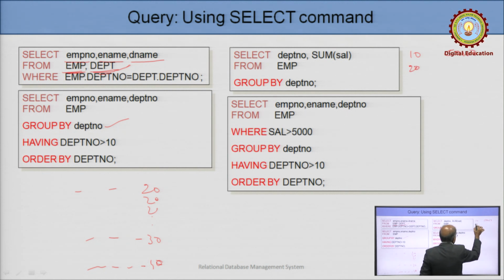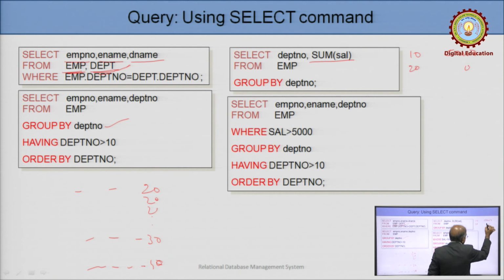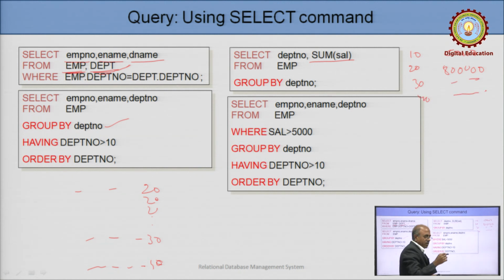Department number 20 grouping and their summation of salary will be, say, 8 lakhs, like that. 30 will have some amount, department number 40 will have some amount. So department number wise grouping will take place and this group function will work on the individual groups.